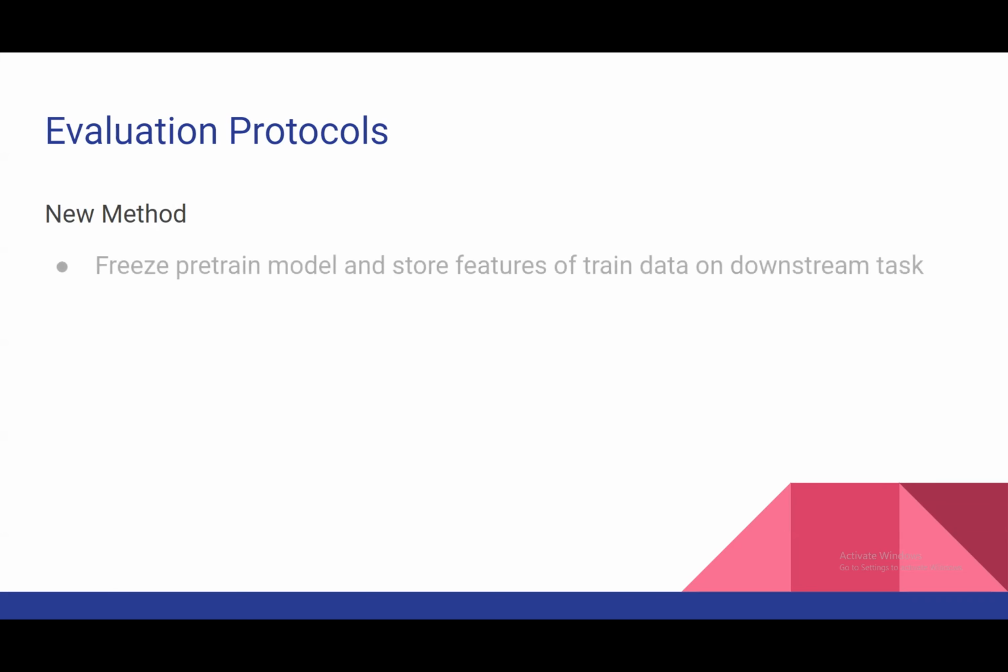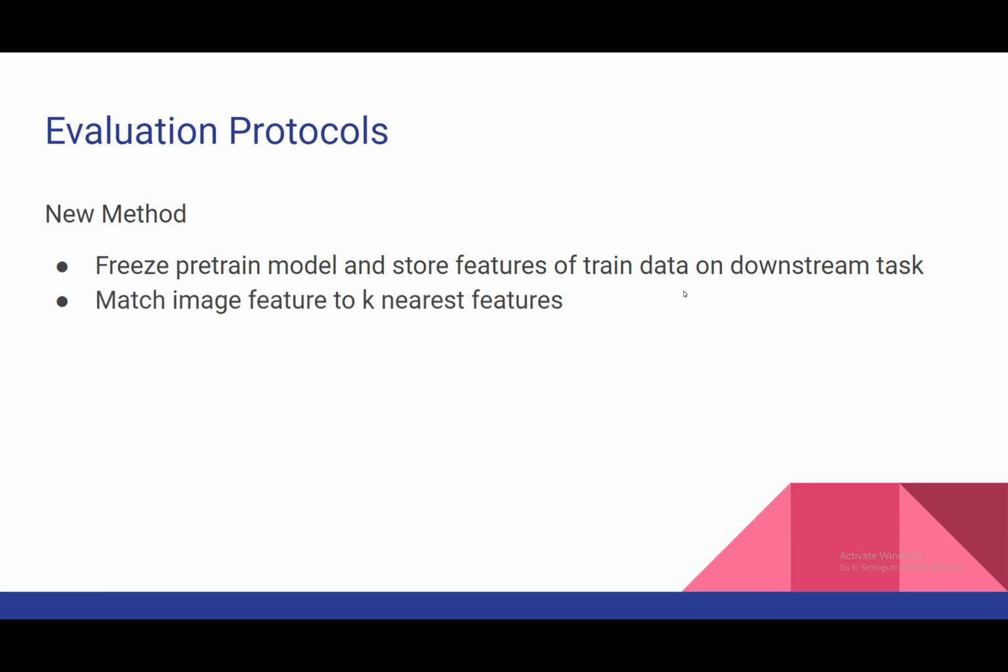In this paper, they find a new method that can also be used to evaluate, which works particularly well with DINO. First they freeze the pre-trained model and store features of the training data on the downstream task. Then they match each image feature to the k nearest features, with k equals 20. So really, instead of a linear classifier, they use a k nearest neighbors classifier approach.